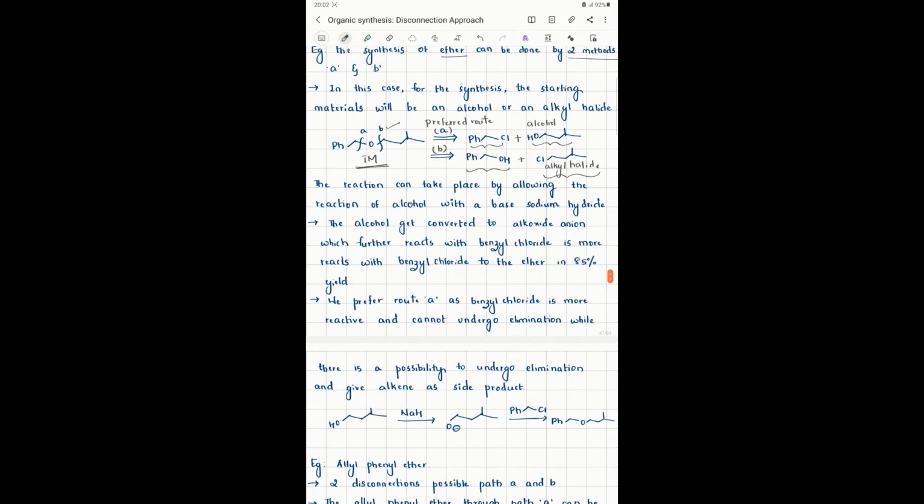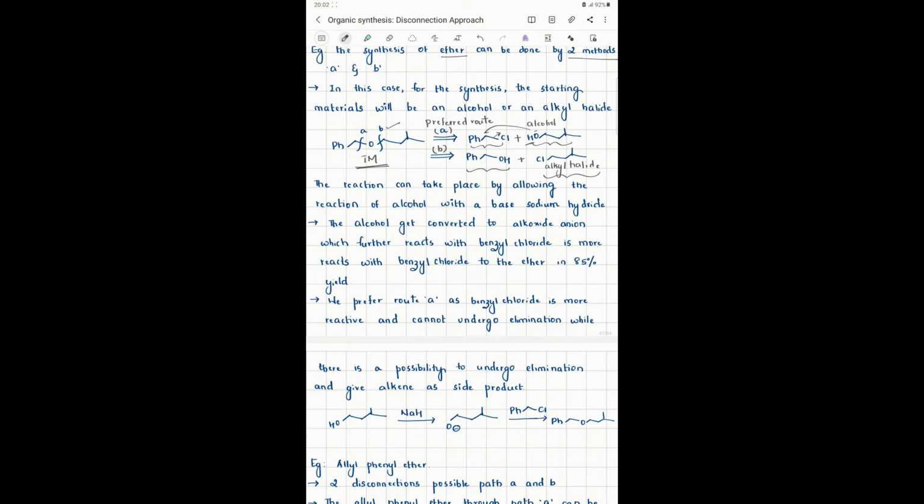Why do we prefer route A? Now in route A, we have an alcohol in the presence of a base like sodium hydride. Now this proton is abstracted. Once the proton is abstracted, the negative charge on oxygen will attack the carbon and the chlorine is going to leave, giving me my target molecule.